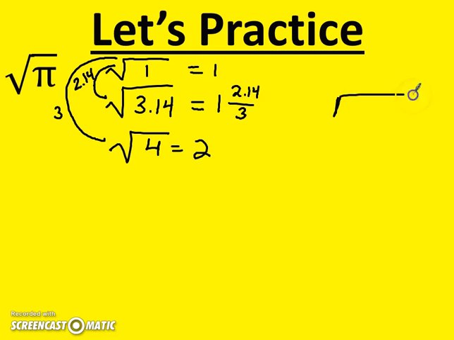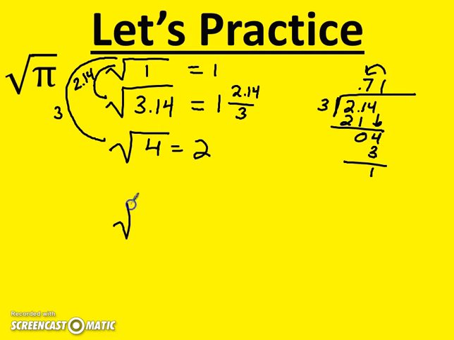Now we need to divide this. 2.14 goes inside, 3 on the outside. 3 goes into 21 7 times, which is 21, and goes into 4 once, which is 3. The 3 keeps the 7 the same, so we get that the square root of pi is equal to 1.7.